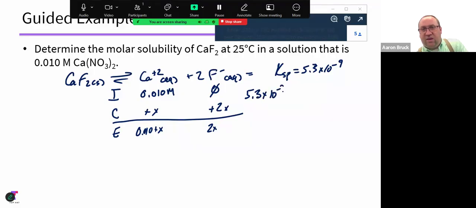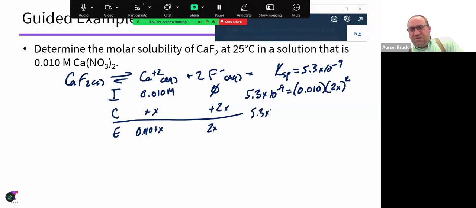So 5.3 times 10 to the negative ninth is equal to the calcium concentration, 0.010, times the quantity 2x squared. If we do out the math here, 5.3 times 10 to the negative 9th is equal to 0.010 times 4x squared, which would be 0.04x squared.